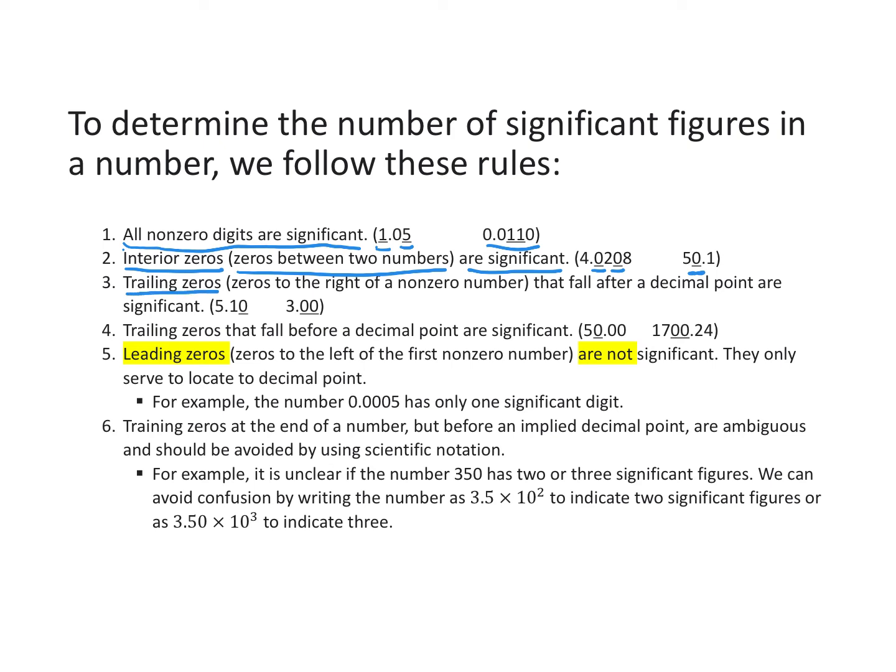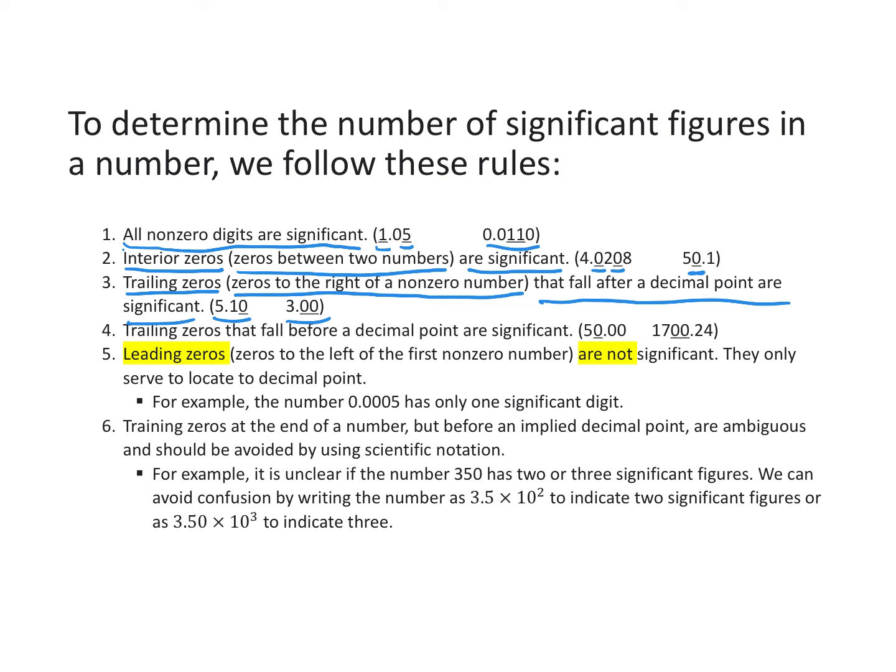Trailing zeros. What are trailing zeros? Zeros to the right of a non-zero number that fall after a decimal point are significant. For instance, 5.10 or 3.00. Remember the measurement: if you go to the lab and report a number like 3.00, it means we had a scale and could measure with that much precision.